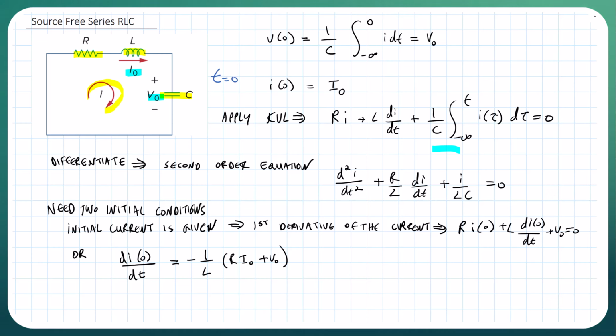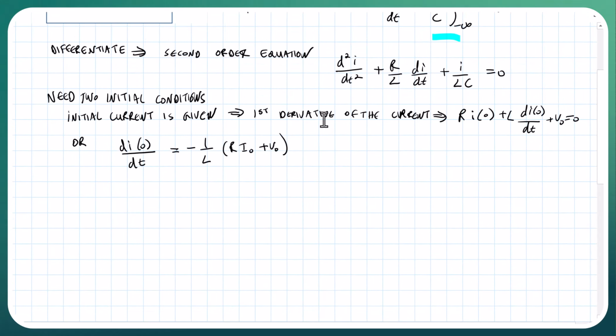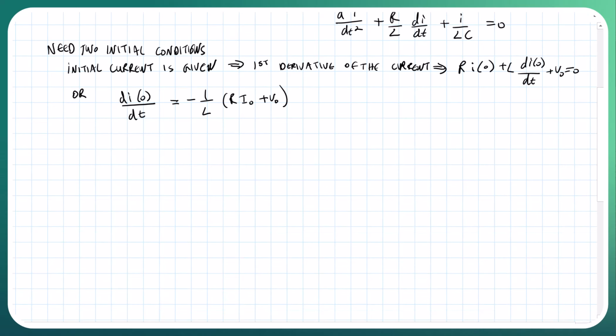Based on the first order solutions that we had in the previous section, we can expect that the solution to this will also be exponential. So we can make that assumption. We can assume exponential.